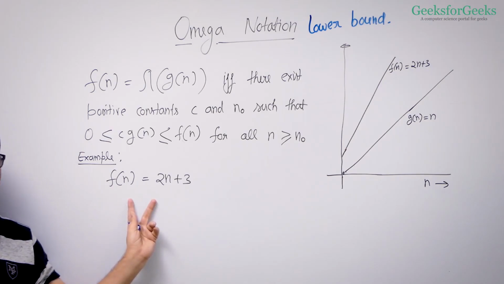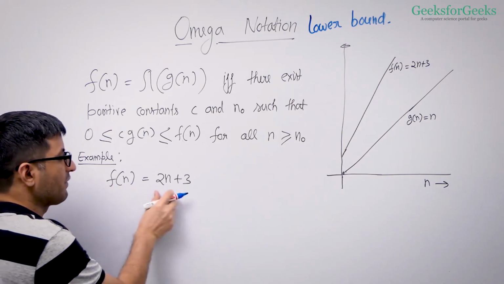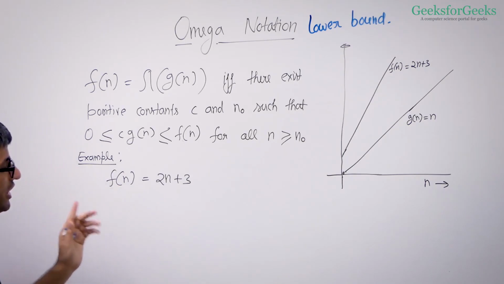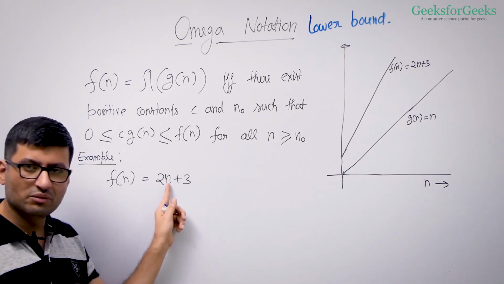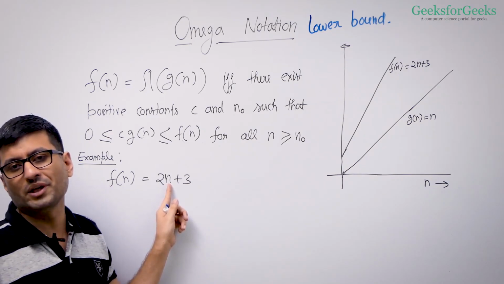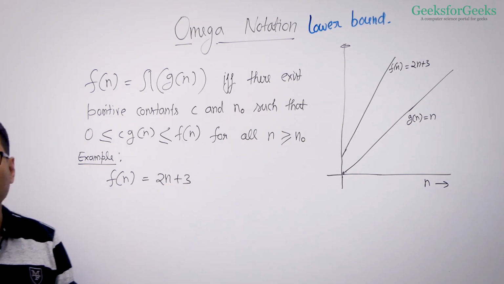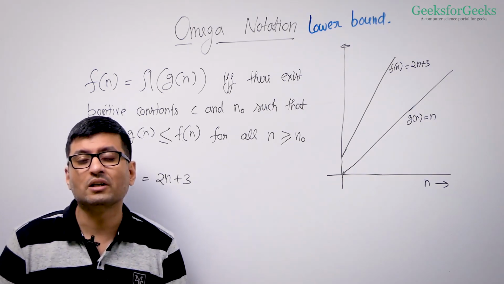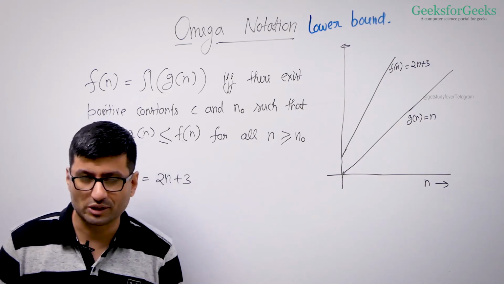Let's take a look at this example. We are given f(n) equal to 2n plus 3. We can always take the highest growing term and write it in big omega notation, like big O notation. Please note that both big O and big omega cover equal to as well.